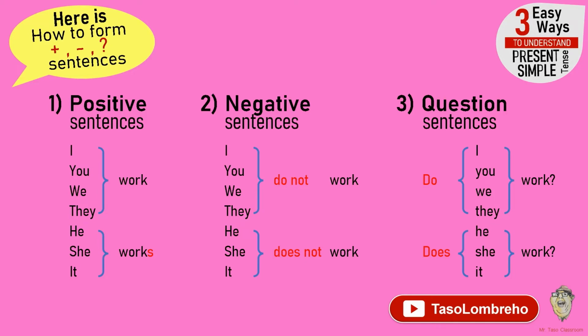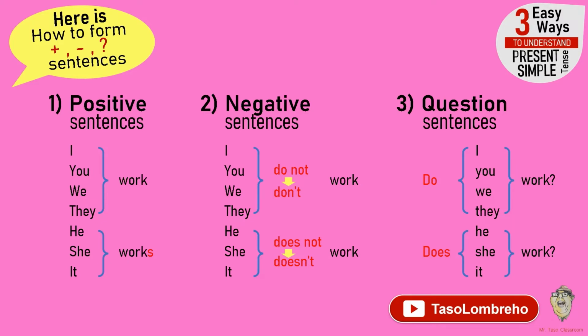Do you work? Do we work? Do they work? And if the subject is he, she, it, you will choose does as your auxiliary verb and place it at the beginning of the sentence. Does he work? Does she work? Does it work?